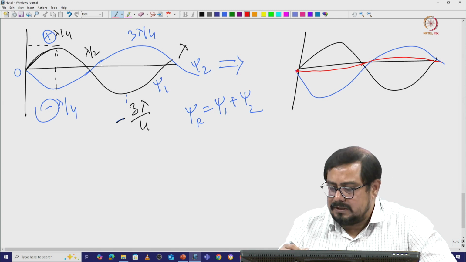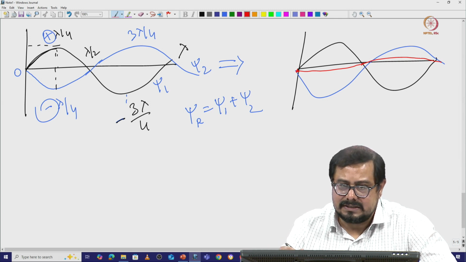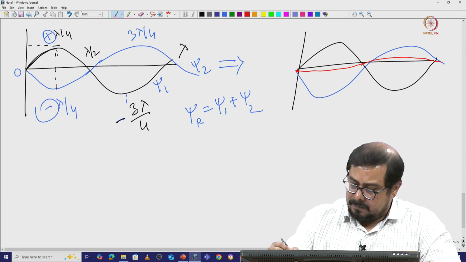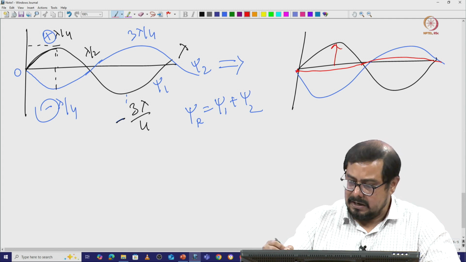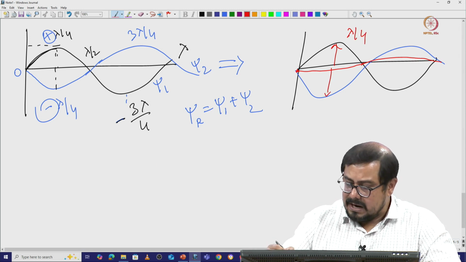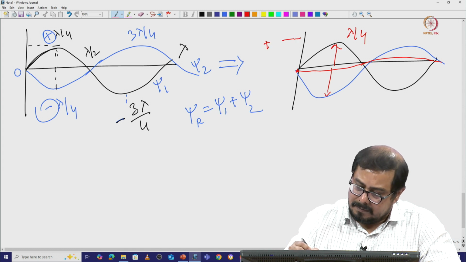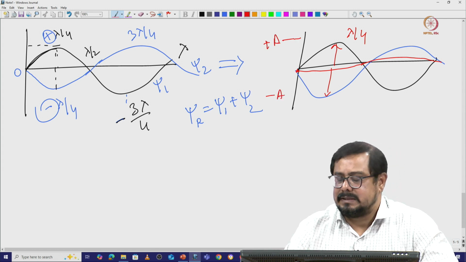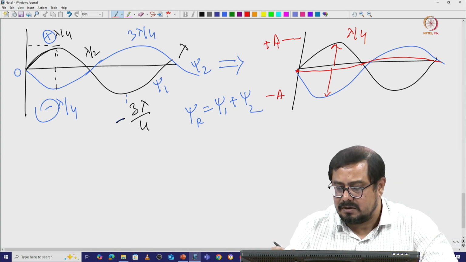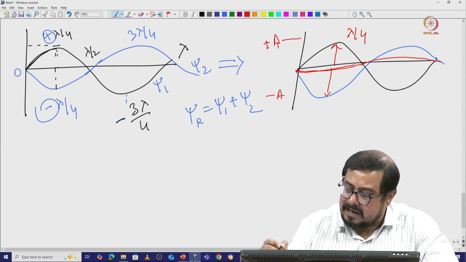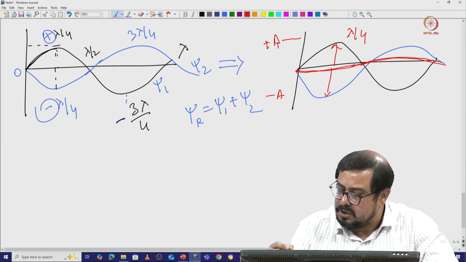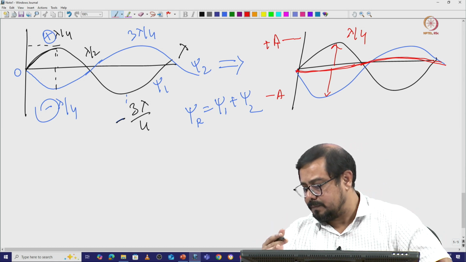You can see this resultant wave also starts from 0, but the major change is that if we consider lambda by 4, again lambda by 4, in both cases, if this one is plus a, this one will be minus a, and that is basically neutralizing each other, and we are getting a wave which has no amplitude, or almost close to 0 amplitude.